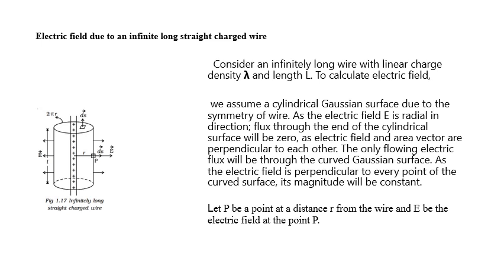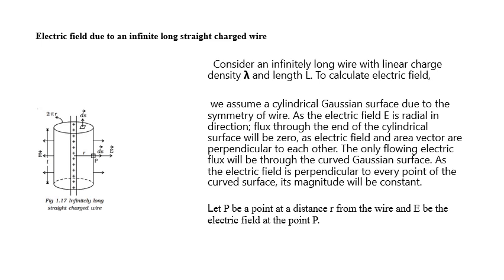Suppose you are having a long wire and you want to calculate the electric field due to this long wire. Here we have considered a long uniformly charged wire having a constant linear charge density lambda. Here the density is charge per unit length. We have taken charge as lambda, charge per unit length.